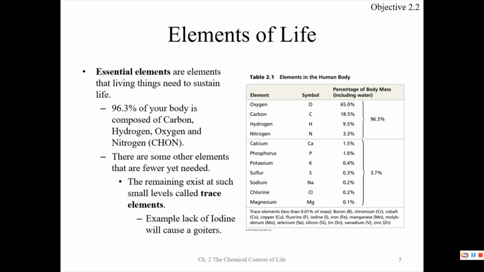Now, some of these are needed in lesser amounts, like calcium, phosphorus, potassium, sulfur, sodium, chlorine, and magnesium. Even less are needed as trace elements. Combined, all the trace elements are about 0.01% of the entire mass of a body. Now, think of iron amongst these added together. Iron, for example, is used to make your hemoglobin.